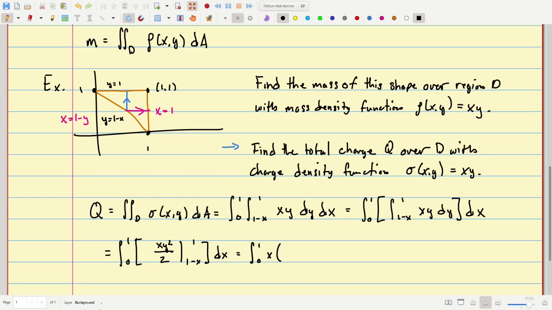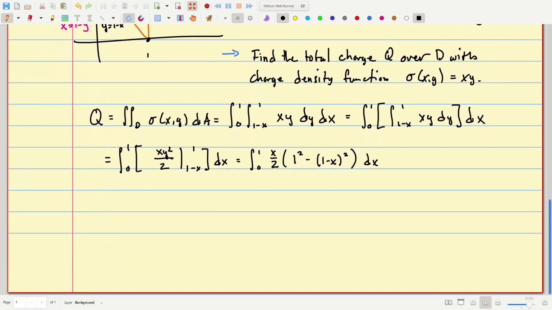We have x, and then we can write this as x over 2 times 1 squared minus 1 minus x quantity squared. Now what we want to do is go ahead and expand that expression.